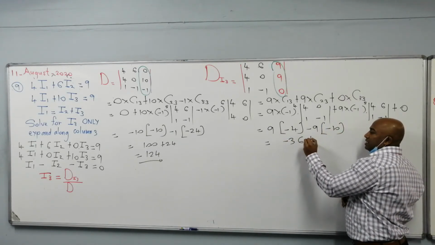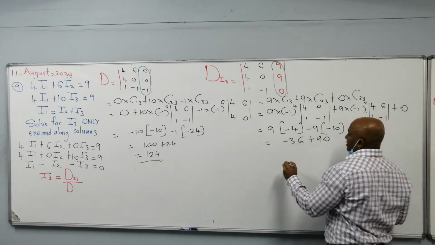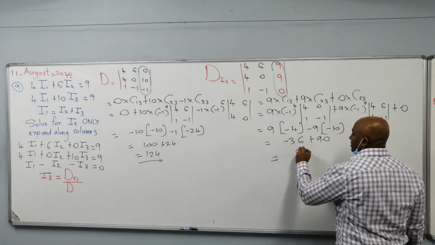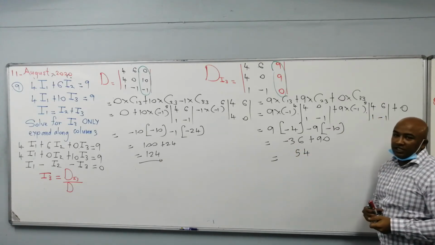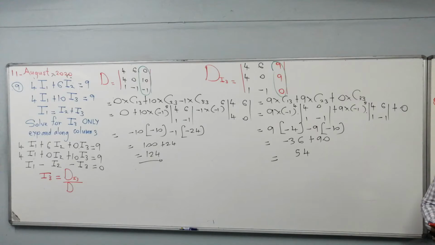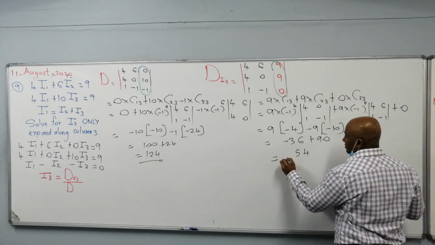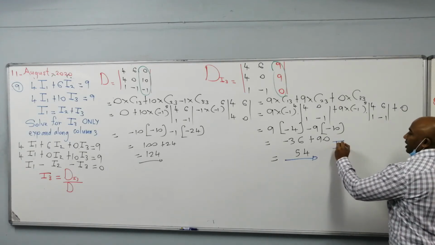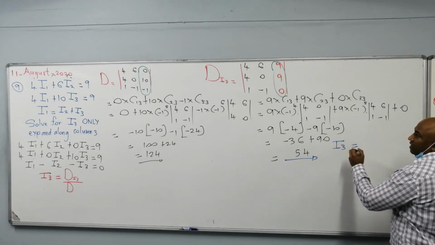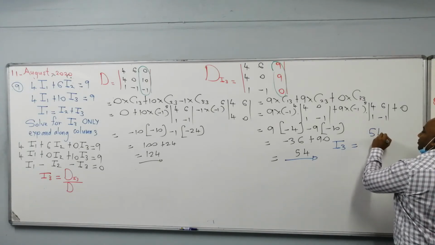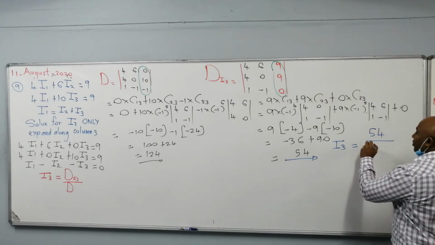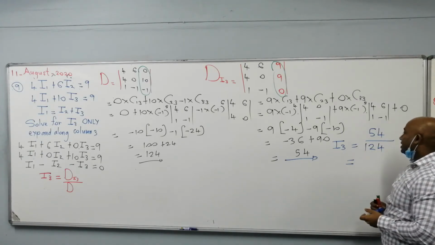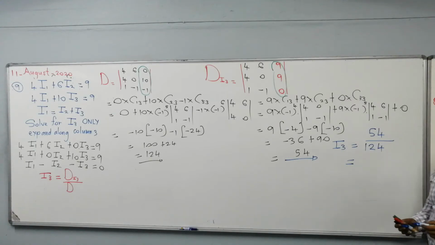That times that will be a positive 90. So we get a 54 here for DI3. Is that correct? 54 for DI3. So therefore, I3 is equal to DI3, which is 54 divided by 124. Can it be simplified further? That's a simplified answer here.